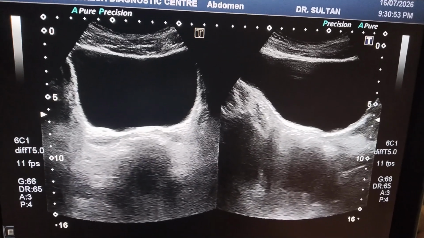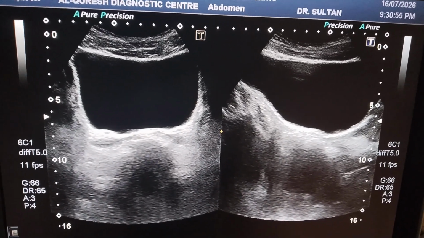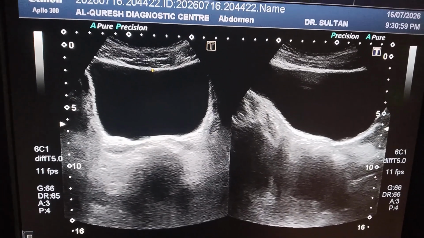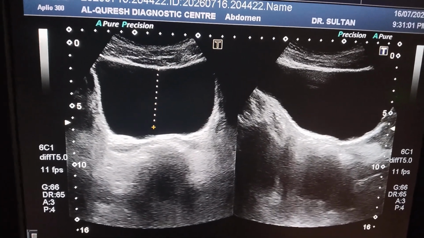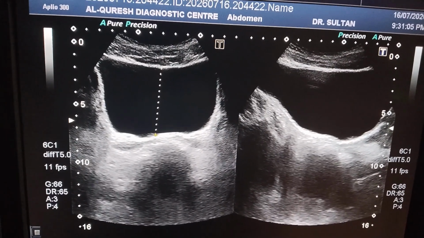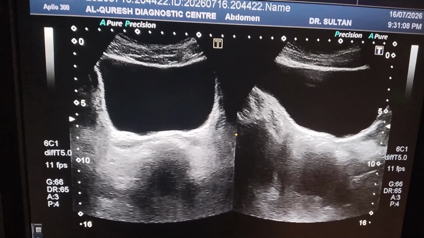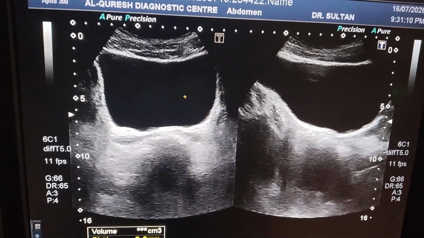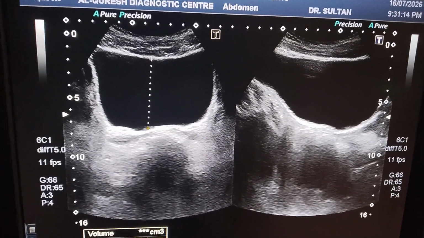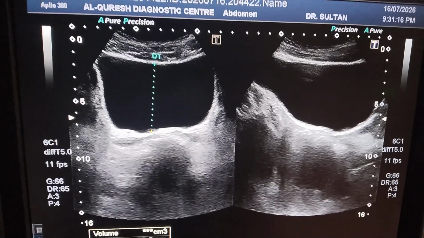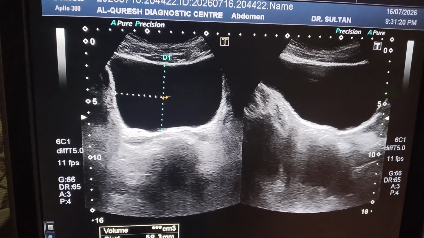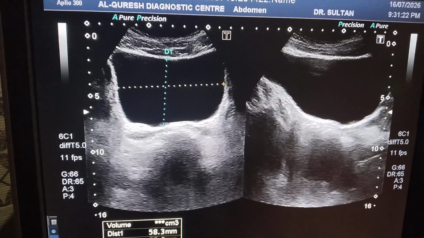When we have done this maneuver, take the caliper, and first take the AP diameter, which is the height of the urinary bladder, from inner to inner. Then take the transverse diameter, inner to inner, which is the width.